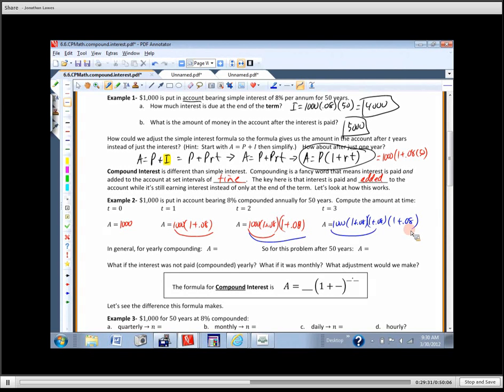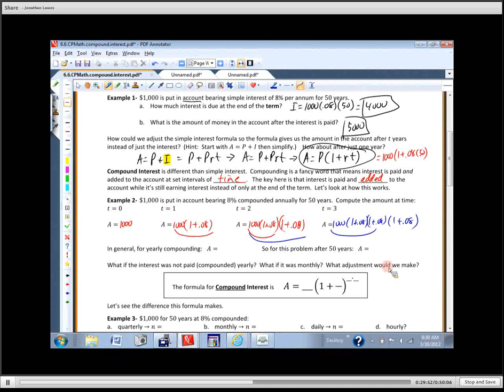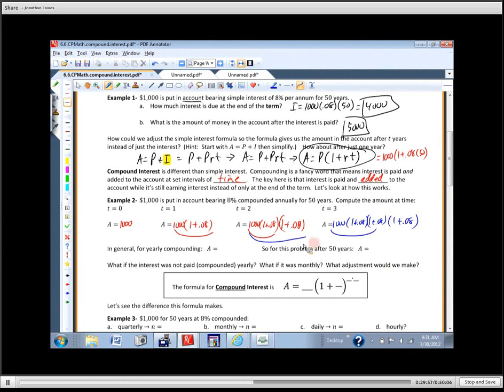Yes, just take the amount after the first year was compounded. You could put $1,080 and then multiply by 1.08, and then 1.08 again, and again and again. That's really what we want to get at: notice how many 1 plus 0.08s there are. For 2 years, there are 2.